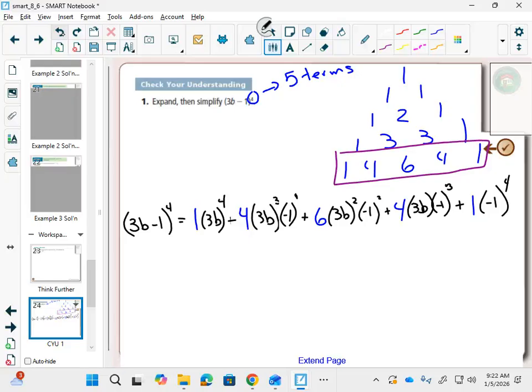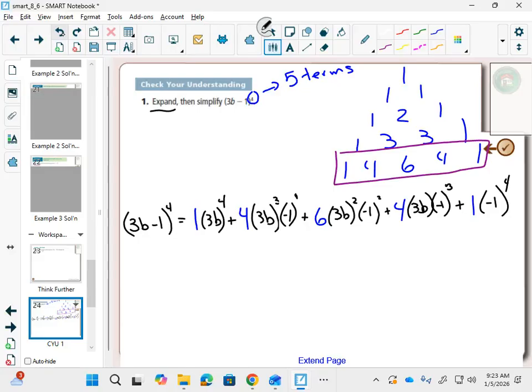This is using the patterns that we noticed with Pascal's triangle and the patterns that we noticed with the exponents. So we have done this part, we've expanded it. We just have not simplified yet.